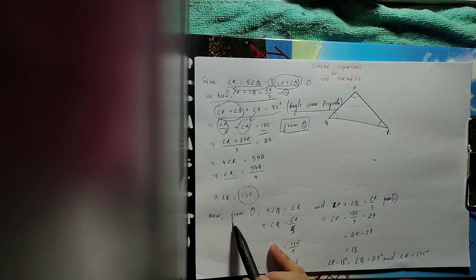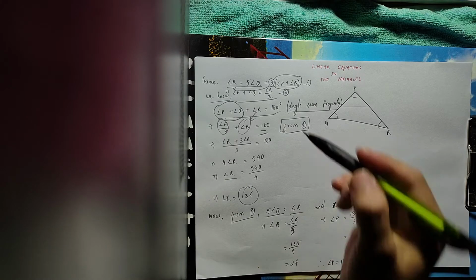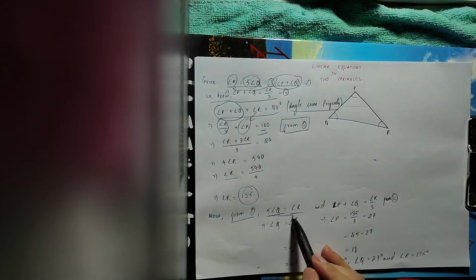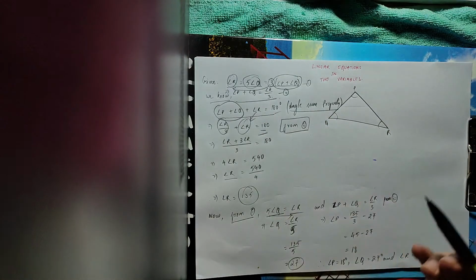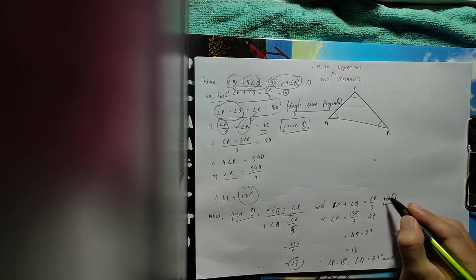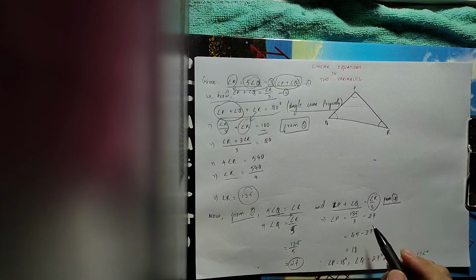Okay, now from equation 1 we have 5 angle Q is equal to angle R, right? 5 times angle Q is equal to angle R. So if you bring 5 here and if you solve, you will get angle Q to be 27 degree. And from equation 2, we have angle P plus angle Q is equal to angle R by 3.